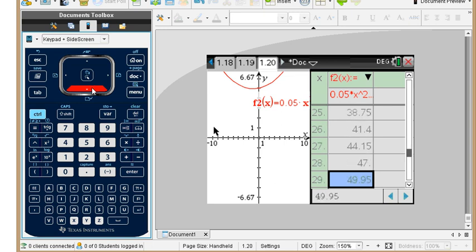We're going to see when we get to 100, which it looks like is between 42 and 43 miles per hour as an input value.